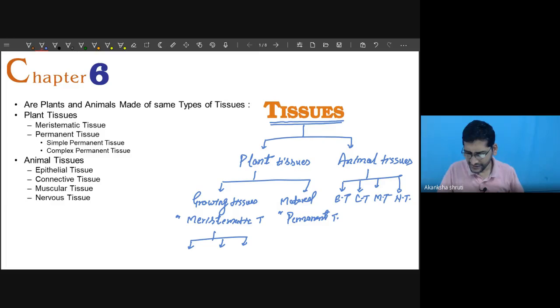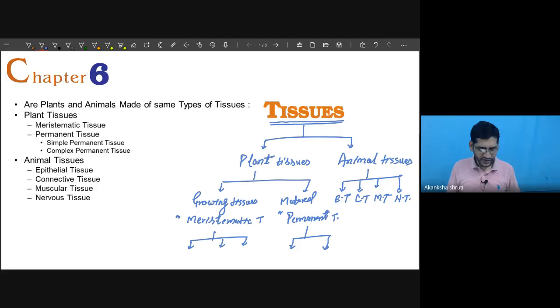Even this permanent can further be classified into two categories: simple permanent and complex permanent. The simple permanent can be classified into three categories, like collenchyma, sclerenchyma, this thing. Complex permanent again has two categories, xylem and phloem. So all these classifications we are going to learn in this chapter.